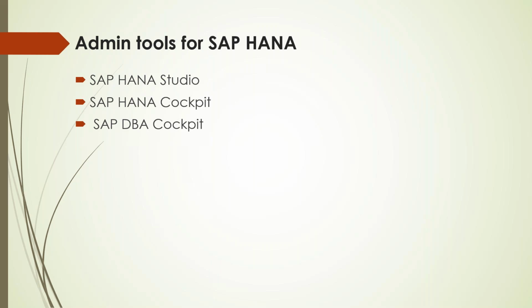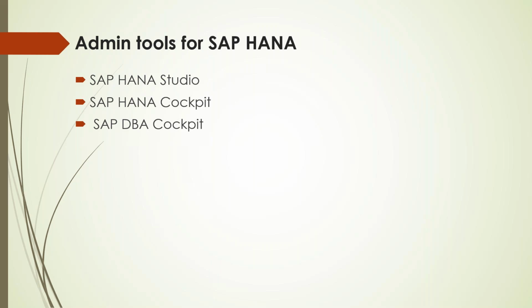So we have the DBA Cockpit to monitor the database. If you are running Oracle or SQL, then we use the DBA Cockpit for monitoring the database from the application layer. Similarly, if you are running ABAP on the HANA database and you want to monitor from the application level, you can use the DBA Cockpit.